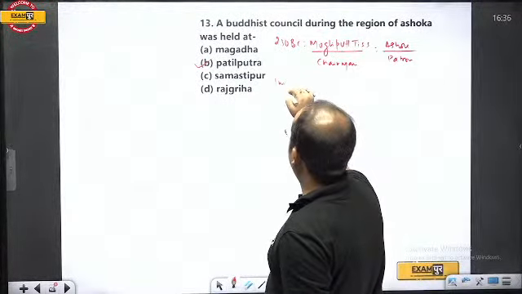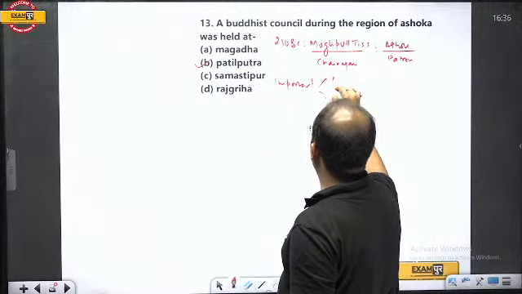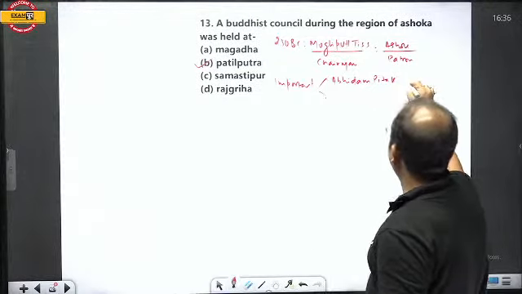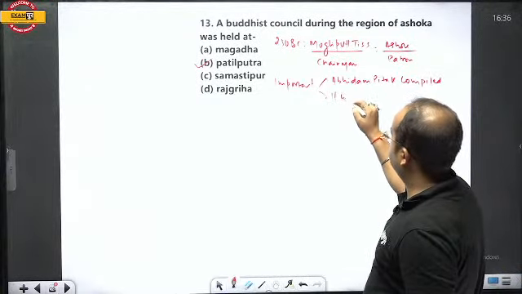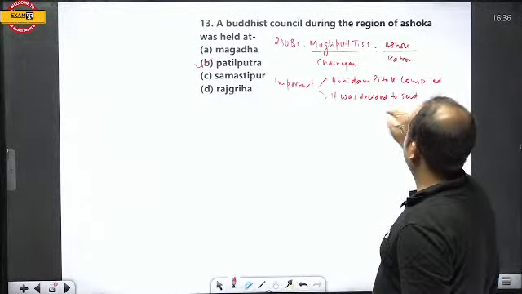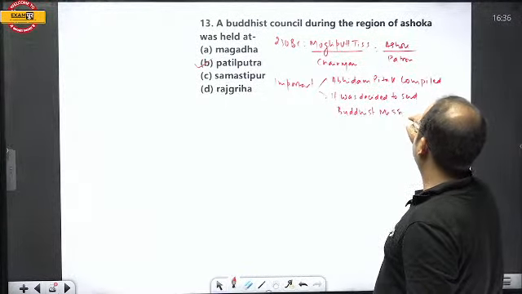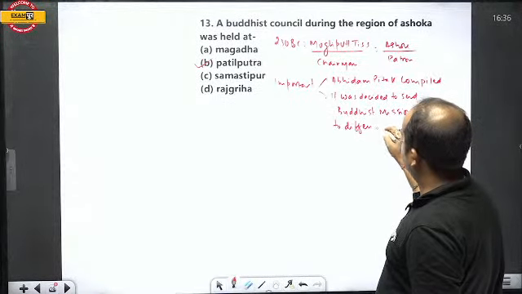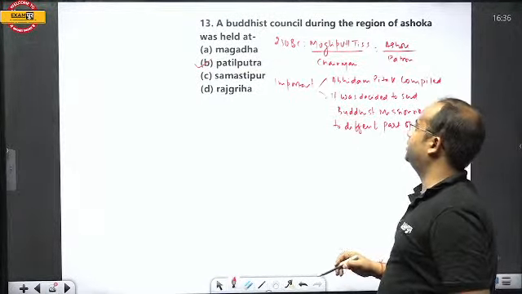In this council, two important things happened. First of all, the Abhidhamma Pitak was compiled, and it was decided to send Buddhist missionaries to different parts of the world.